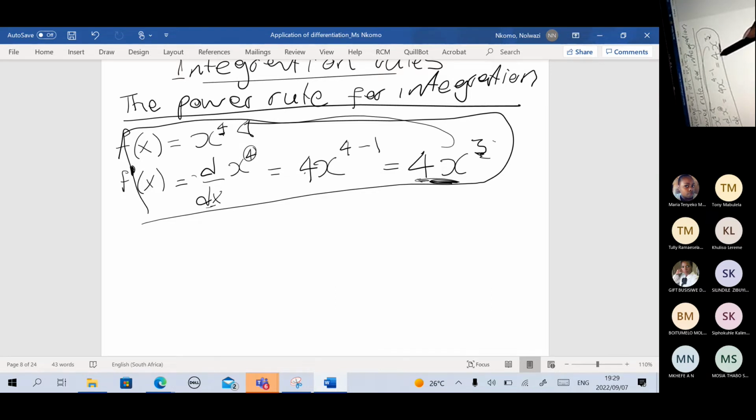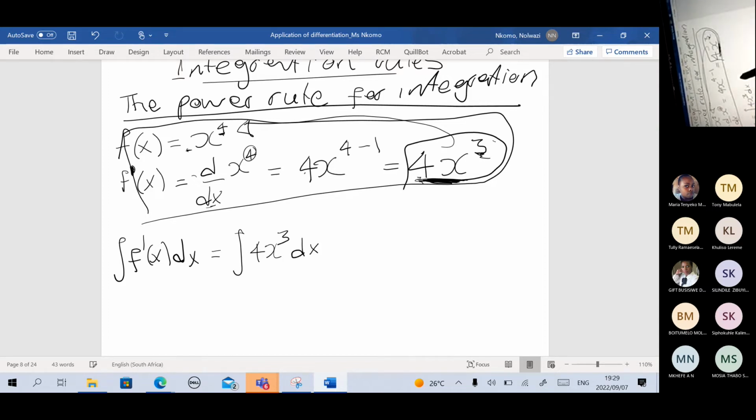We have 4 here, but we have 1. To move from here to here, that means we need to divide with this. So our power rule here would be, we are integrating f prime at x. The integral of f prime at x, which is 4x cubed dx, we add 1 to the exponent, so we have x to the power 3 plus 1.